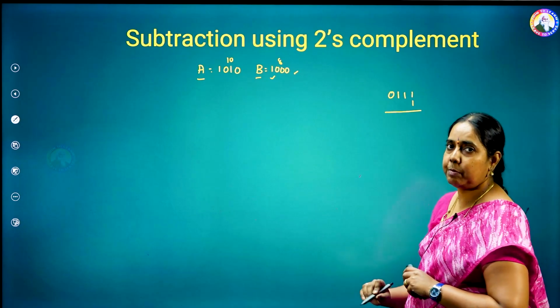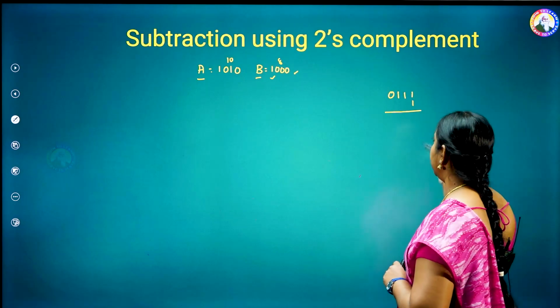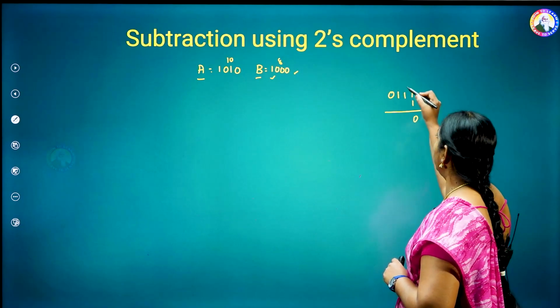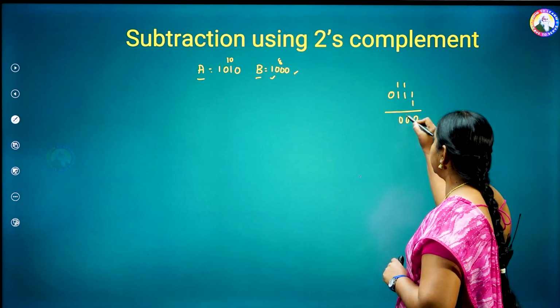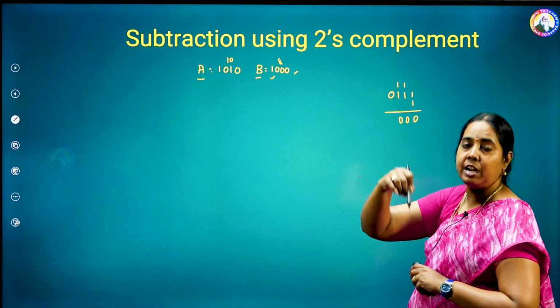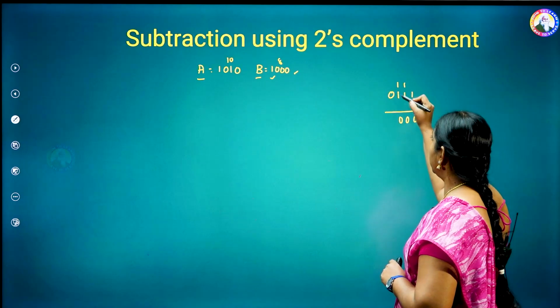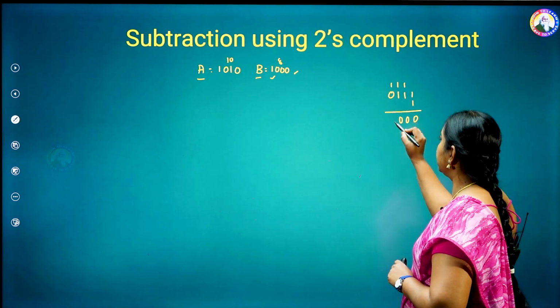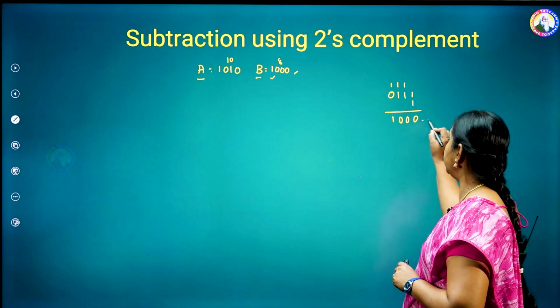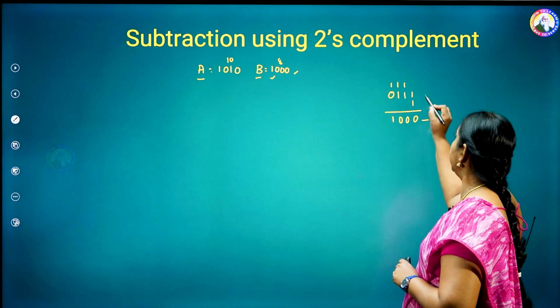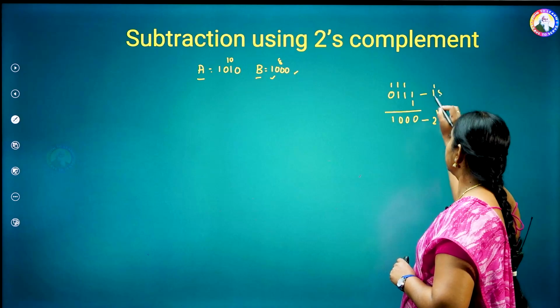So 1 plus 1 is 0 with a carry, every time I get a carry as I am adding 1 plus 1. Then 1 plus 0 is 1. So this is the 2's complement, and this is the 1's complement.